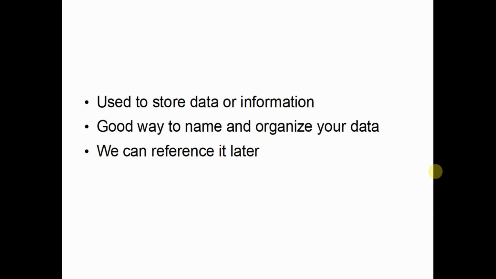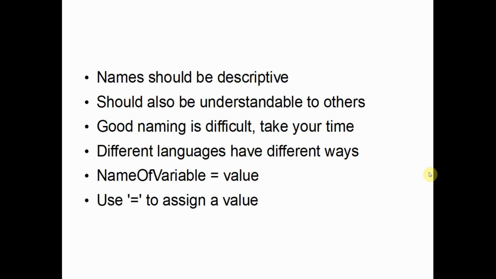Names for variables should be descriptive, and understandable to others. If someone else takes over your project, they should be able to read and understand what this variable does. Good naming is difficult, so take your time.